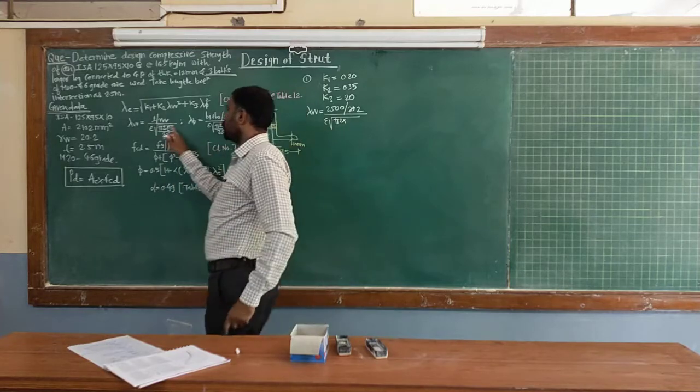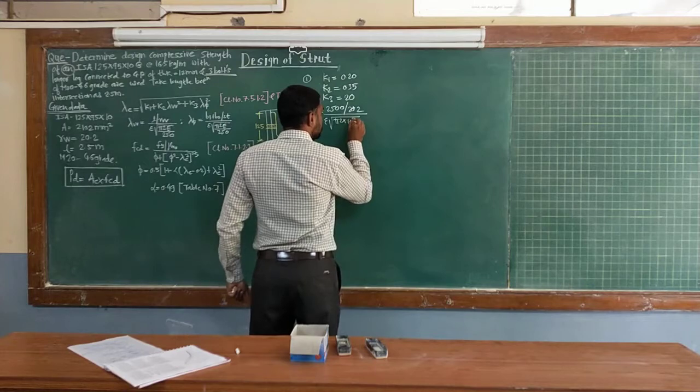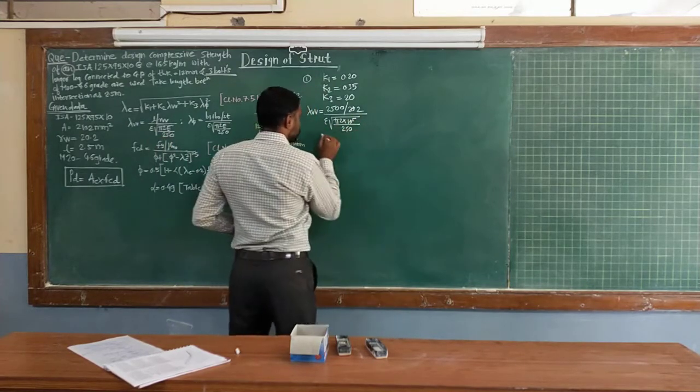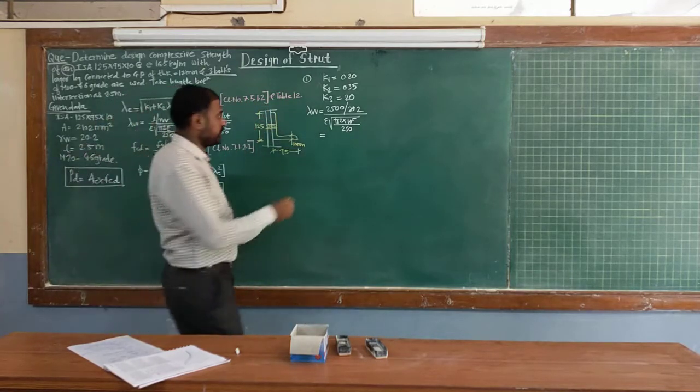In the code epsilon is written, that is the correction. Here it should be 2 into 10 raised to 5, that is modulus of elasticity, divided by 250. So lambda VV we are getting as 1.392.